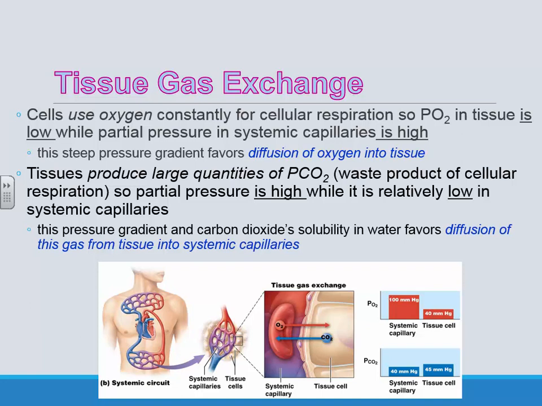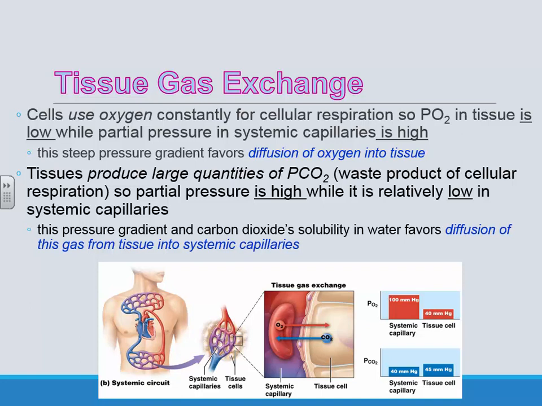So we know that cells use oxygen for aerobic respiration. The partial pressure of oxygen in the tissue is quite low. The partial pressure in the capillary is quite high. So that gradient is very steep: 100 millimeters of mercury compared to 40, it drives diffusion of oxygen into the tissue.